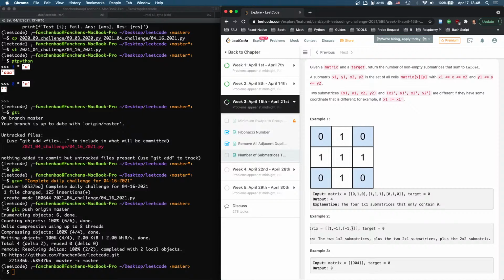Every new row added, we have to do it with the previous row, and then the previous 2 rows, and the previous 3 rows.